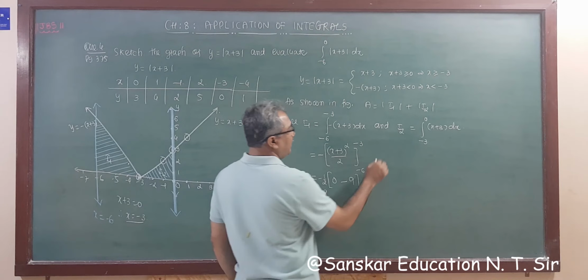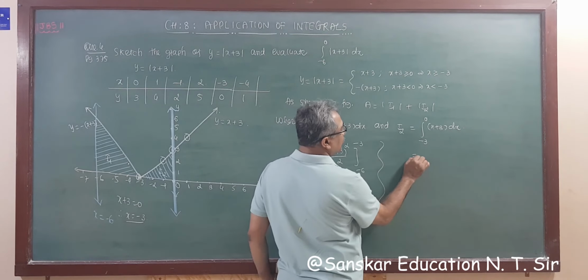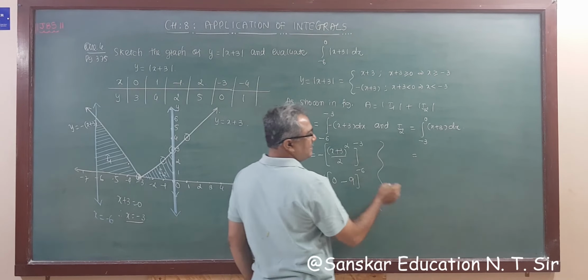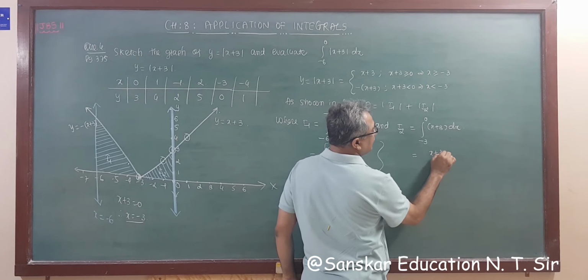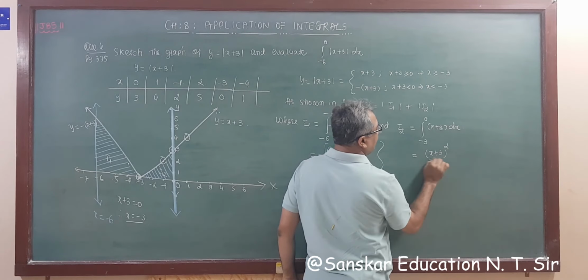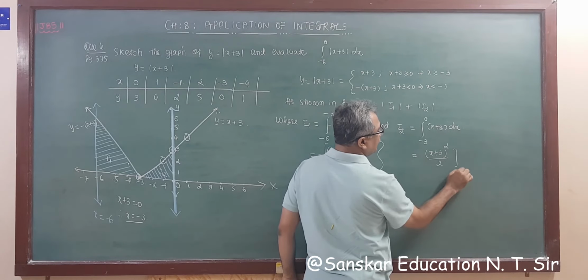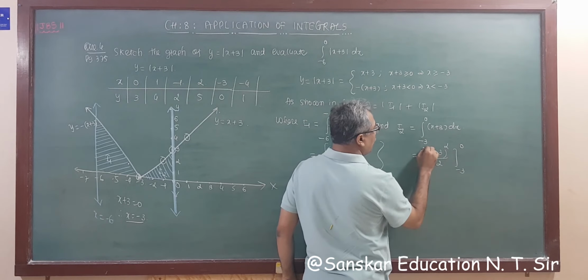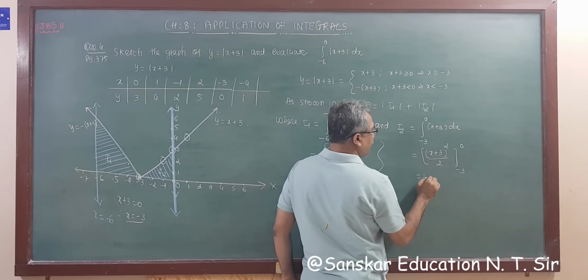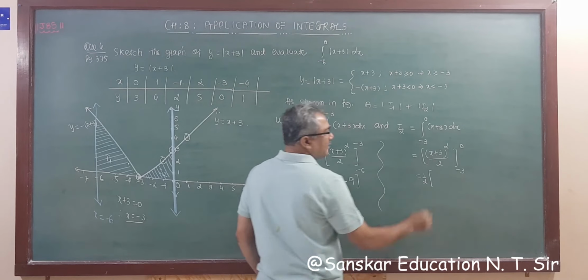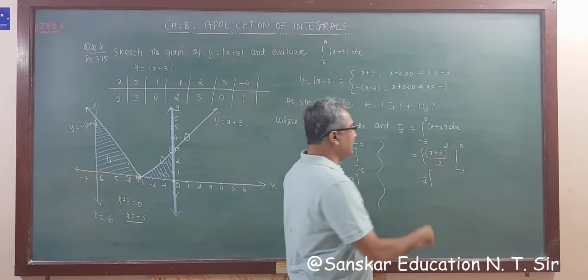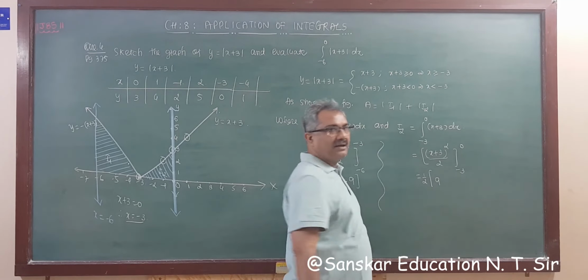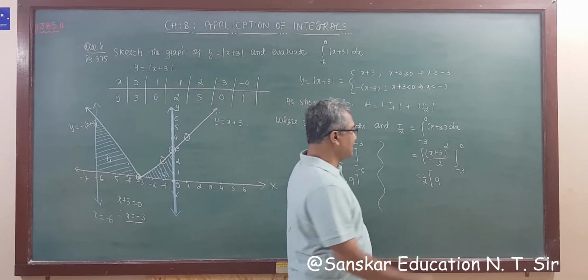Right? Now I2. I2 will be the same integration, so no need to explain: x plus 3 whole square by 2, and the limit is from minus 3 to 0. So 1 upon 2 is constant. If we substitute x equal to 0, the answer is 9, and if we substitute x equal to minus 3, the answer is 0.